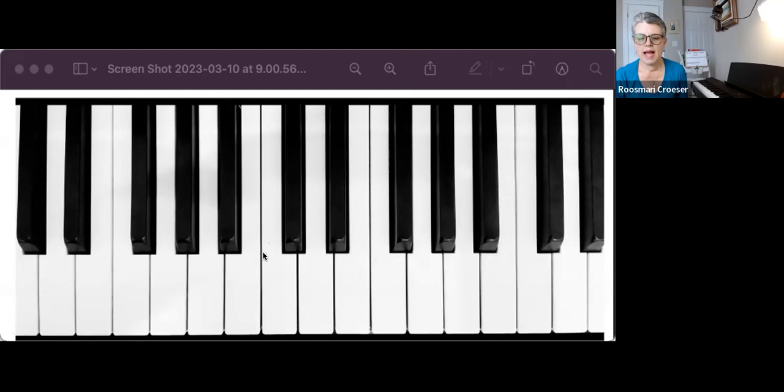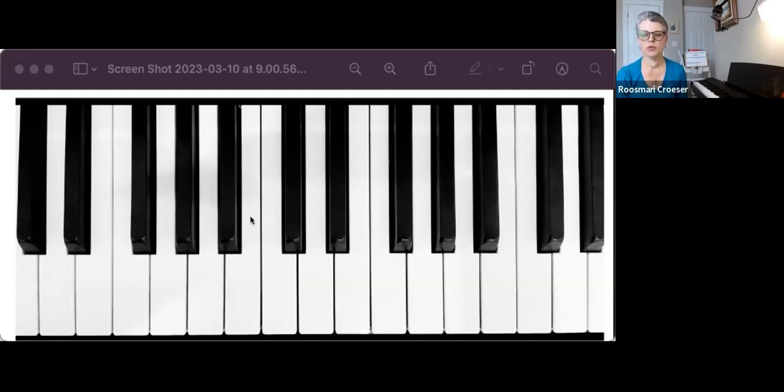If we go up a half step on the keyboard, we go from the first key that we're on to the very next key to get a half step. This, from B to C, is a half step. From C to C sharp is a half step. From C sharp to D is a half step, and so forth and so on.